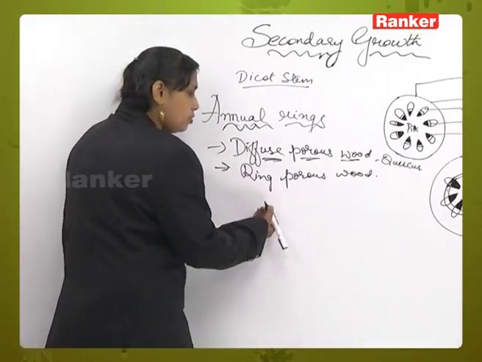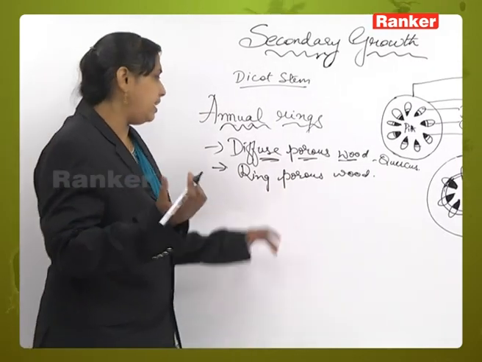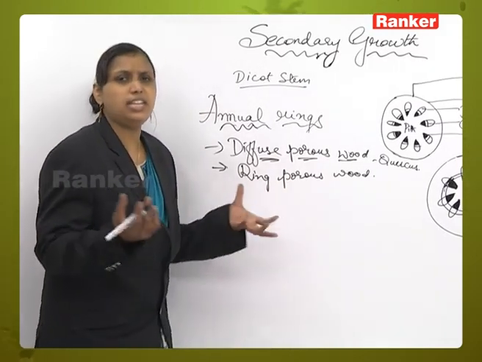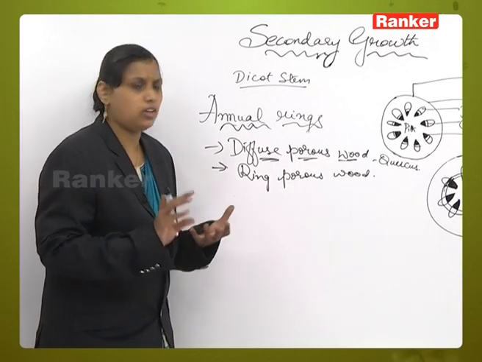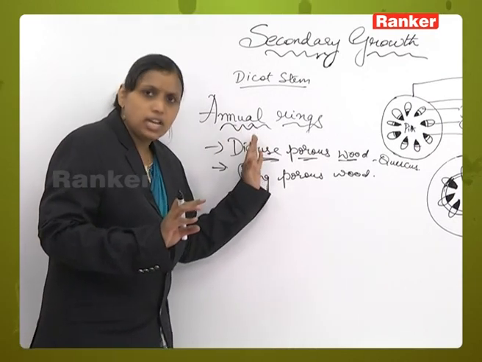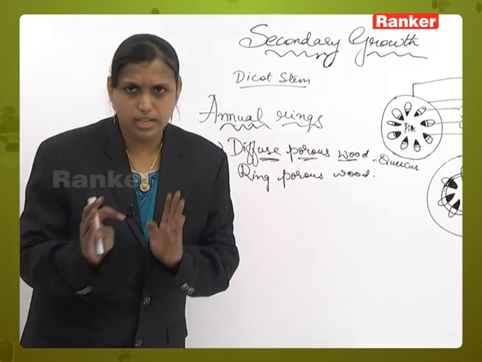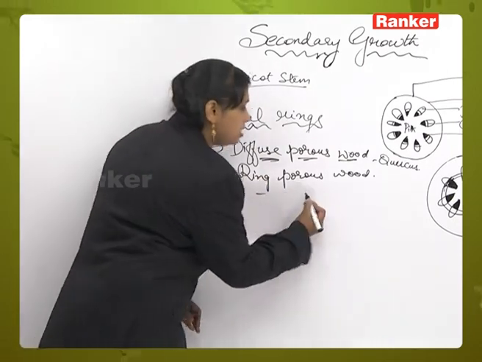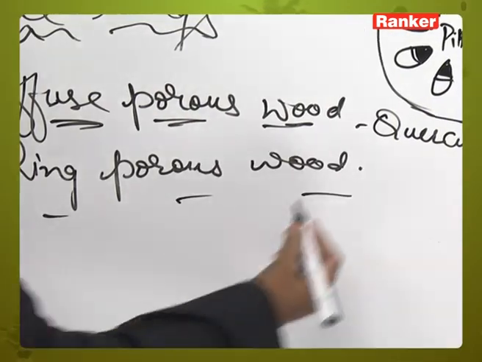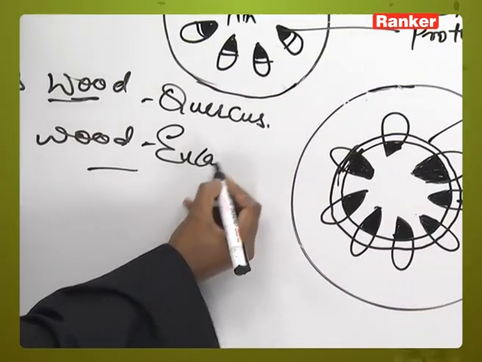Now, ring porous wood: in some plants there is no clear demarcation, or we cannot see the clear occurrence of the xylem vessel or vessel elements, as we have seen in the diffuse porous wood. There will be no clear demarcation between the xylem vessel elements. So, that type of wood is called ring porous wood. Example for this will be Eucalyptus.